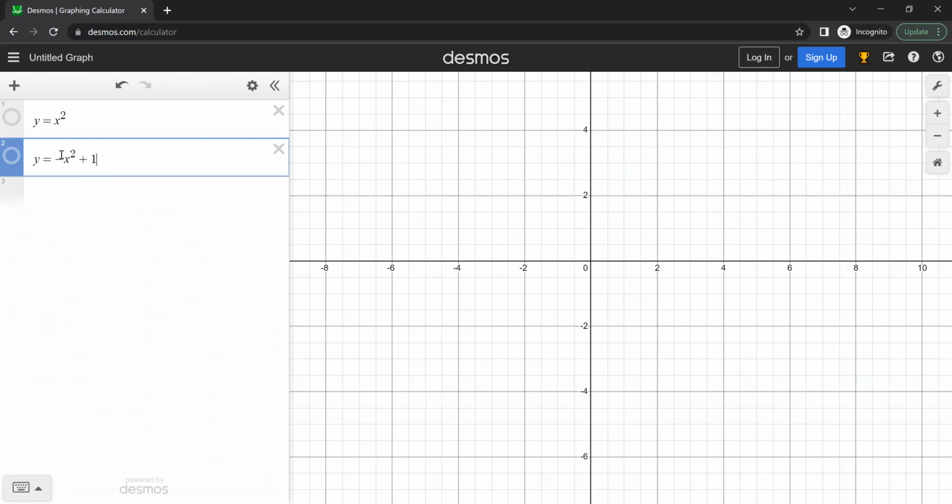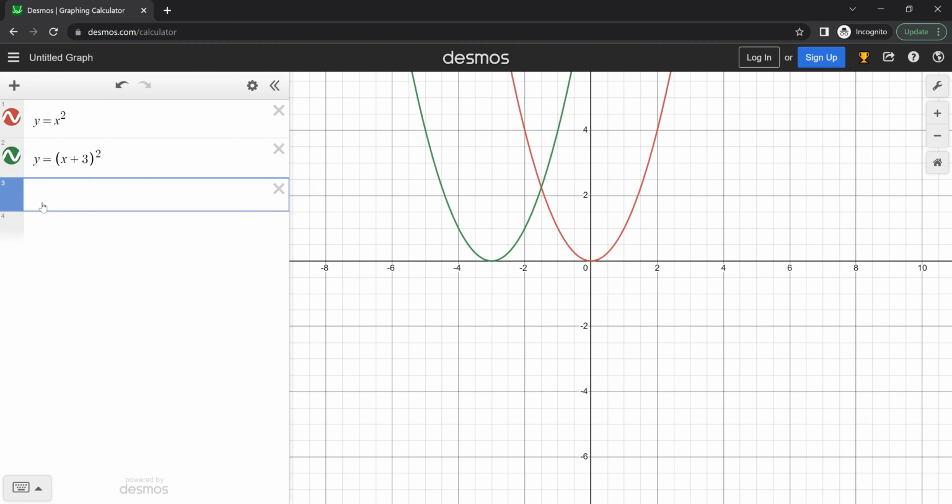So here's the first x plus 3 squared, like that. Here's the original graph, and here's this one. Do you see that it shifted left 3 like you told me? Yeah. Now watch this. We're going to reflect it over the x-axis.